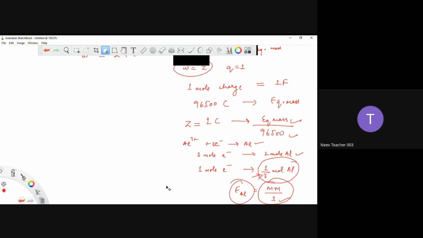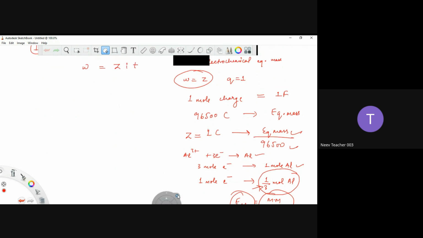So we can write one more formula over here: W equals equivalent weight divided by 96500 into I into T. And there is one more thing, which is eta, the current efficiency. This is the full formula of Faraday's first law.